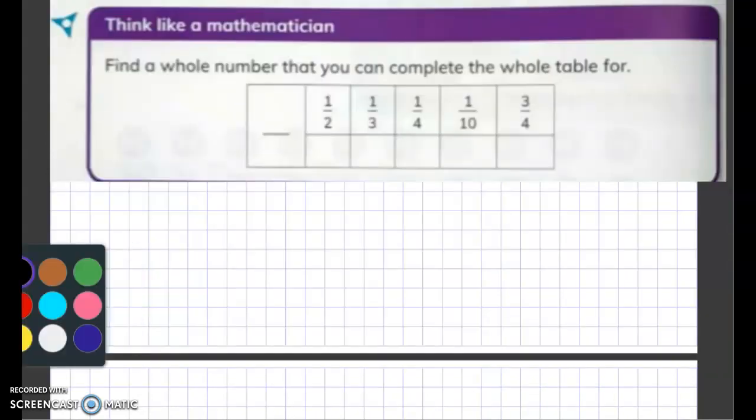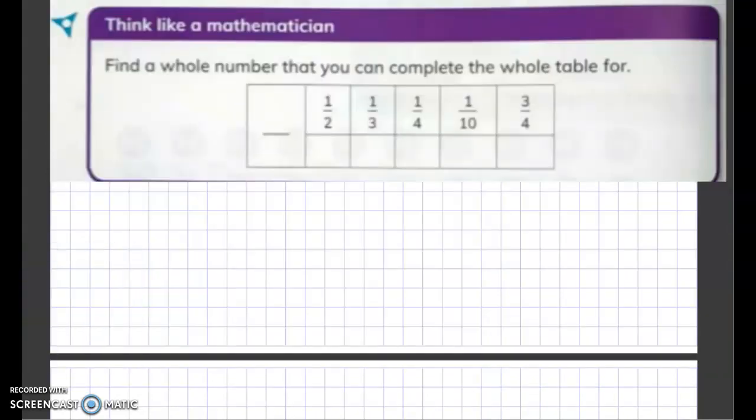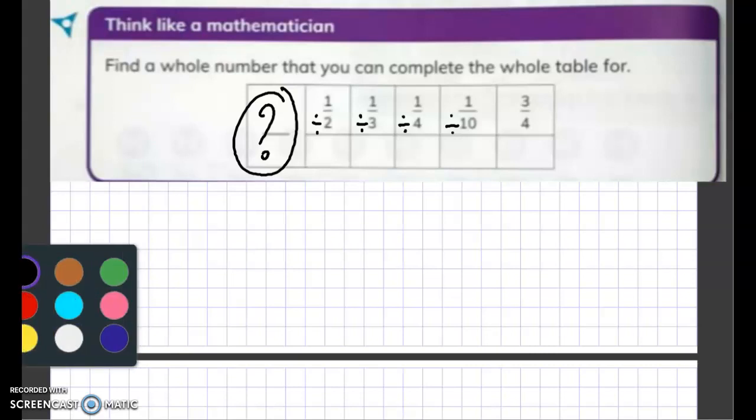The next one here, it says you need to find a whole number that we don't have to cross out. So you need to find a whole number that can be divided by 2, can be divided by 3, can be divided by 4, and 10 without any remainder. So what number can it possibly be that you can divide by 2, 3, 4, 10 and not get a remainder?